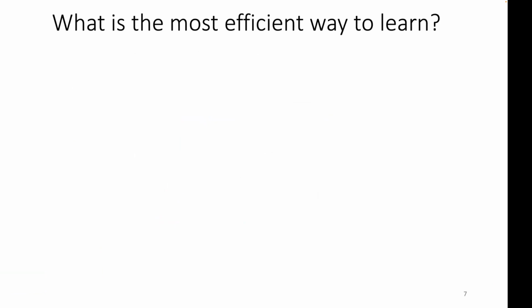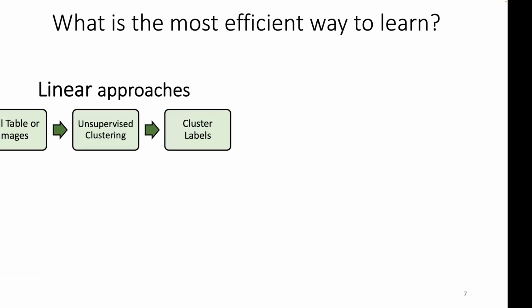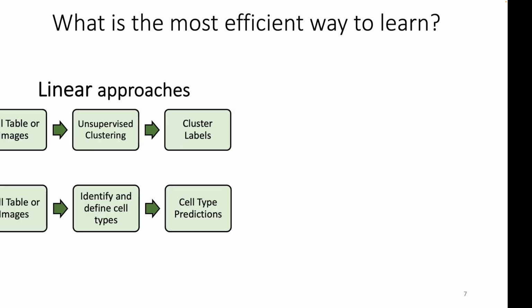And we asked, what is the most efficient way to learn this? There have been a lot of these linear approaches. For example, you take a cell table, you do some clustering, then you need to identify what types of cells you have and label the clusters. Or you have some probabilistic model which makes predictions, and then you use supervised learning with the manually labeled training data.